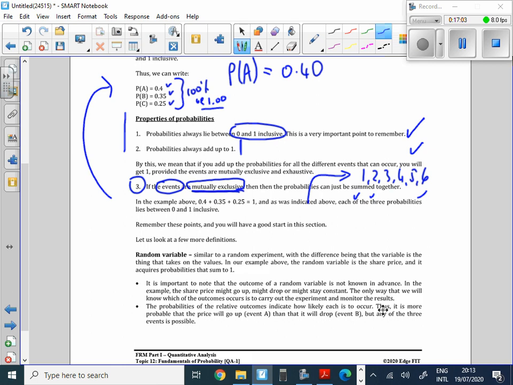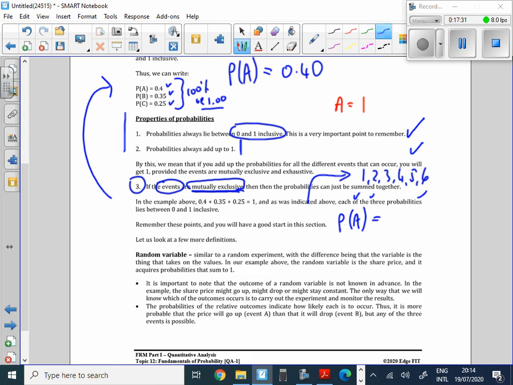And just for fun, if I had to say to you, what is the probability? I can label it. Let's say A is equal to getting a 1. Now what's the probability of A? In other words, what's the probability of getting a 1 when I roll a dice?